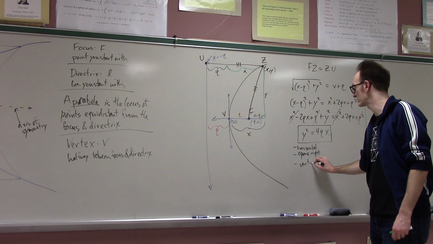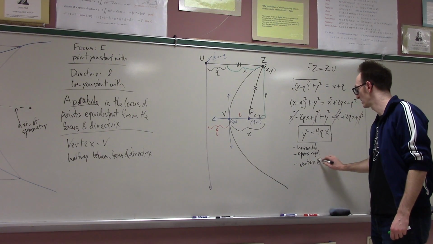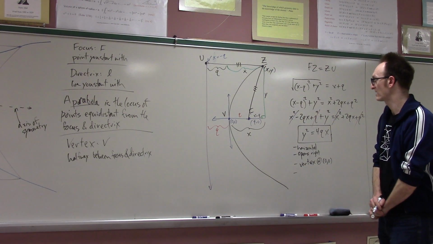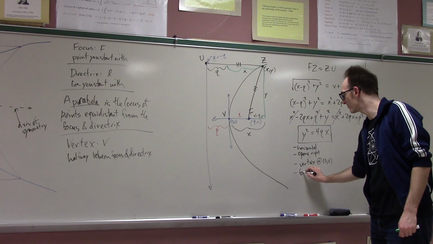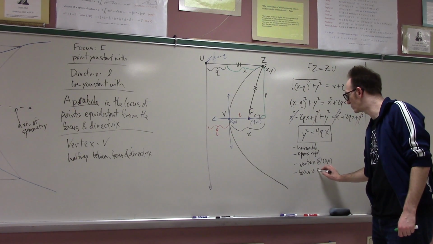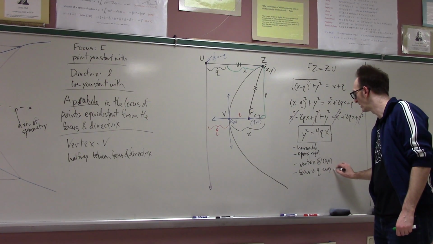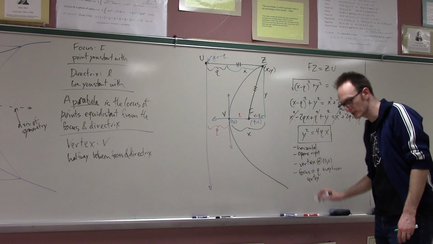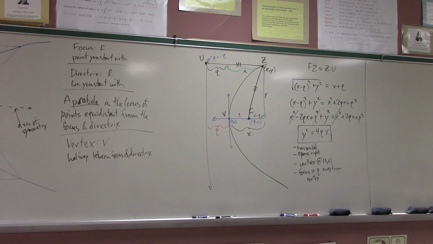Also, the vertex is at the origin, 0, 0, and also that the focus is q away from the vertex. So this is the equation given those 4 facts: it's horizontal, it opens right, the vertex is at 0, 0, and the focus is q away from the vertex to the right.